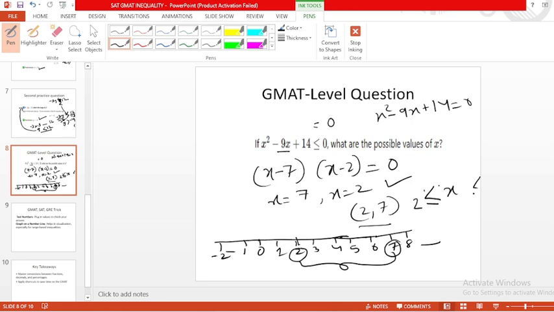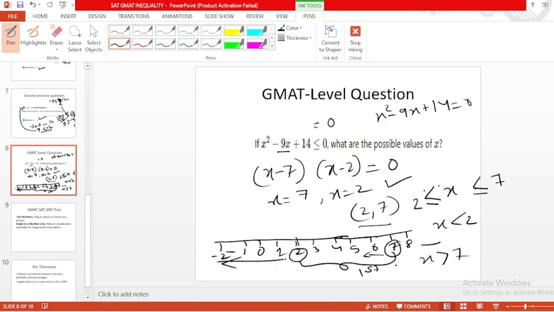And here the limiting value is 7, so it is either equal to 7 or any value on this side. So this is the first interval. Second interval: anything less than 2, means this side, x is less than 2, and this side x is greater than 7.